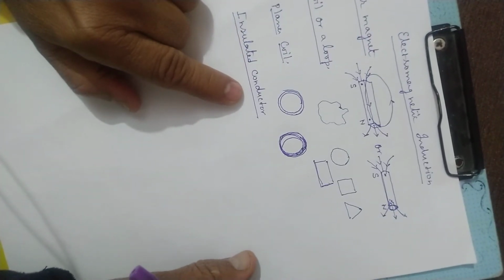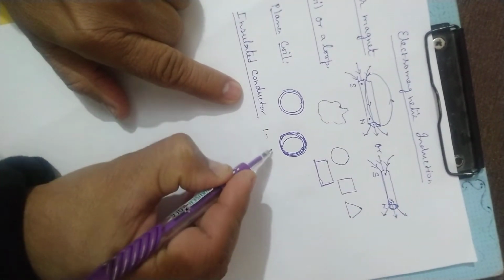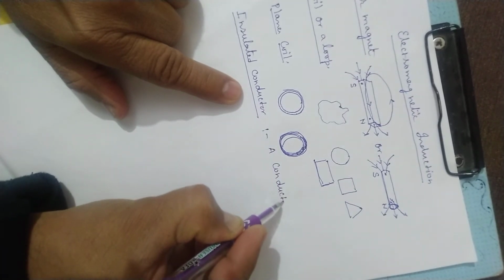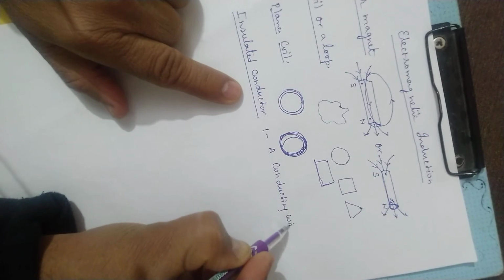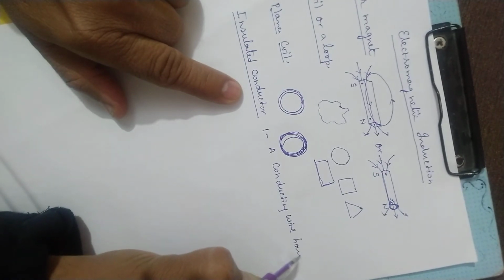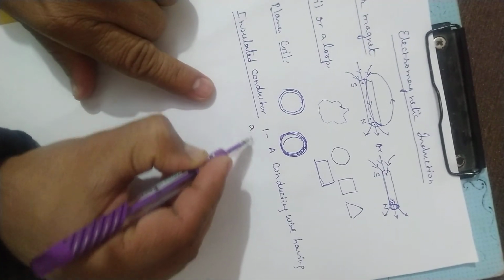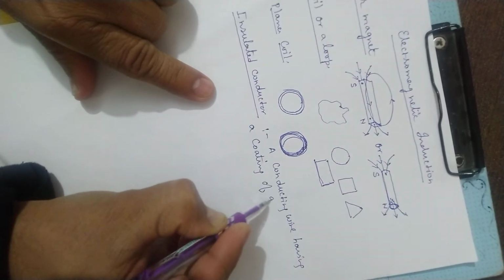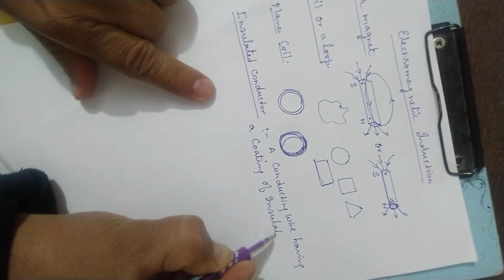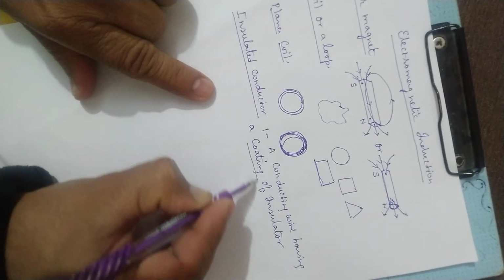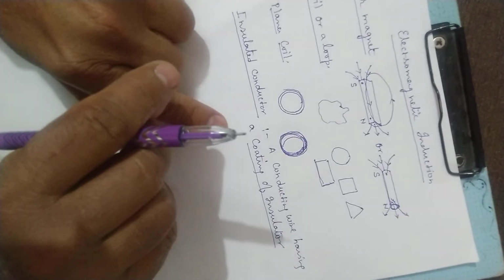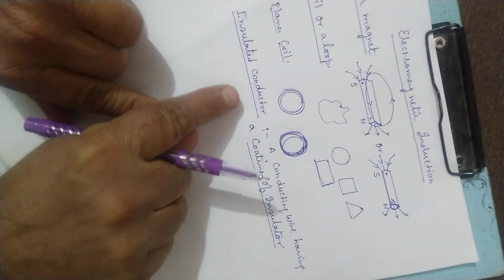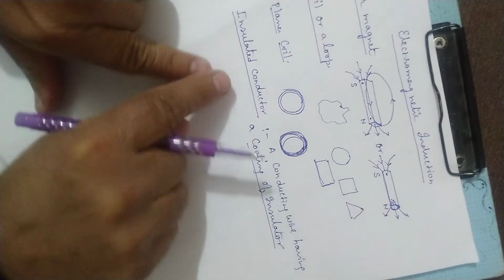See, insulated conductor means a conducting wire having a coating of insulator. For example, you coat with varnish or you coat with plastic, then it is called an insulated wire, an insulated conductor.